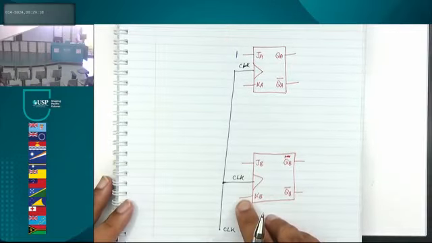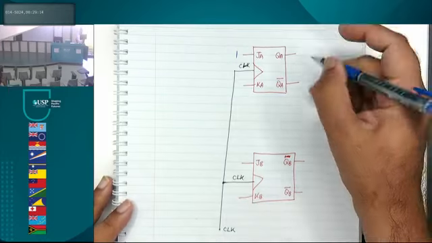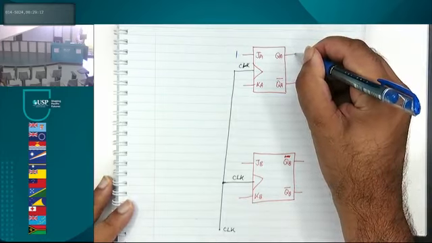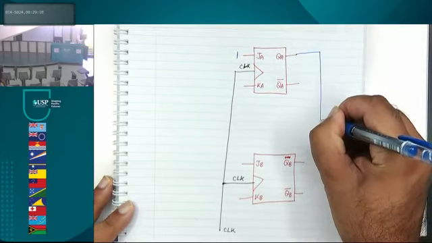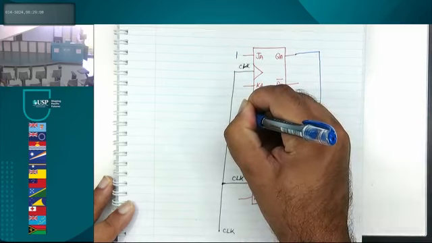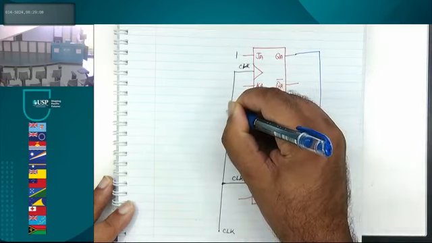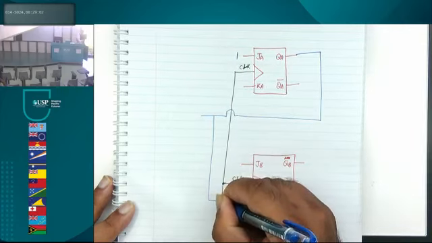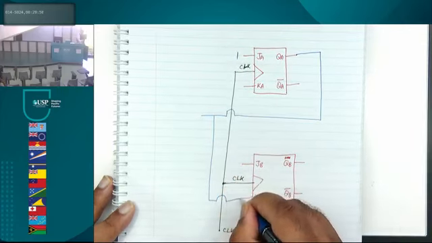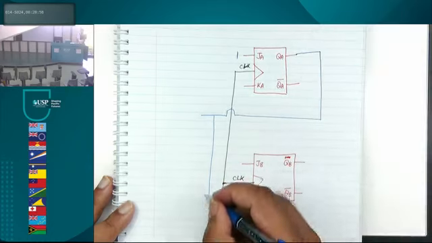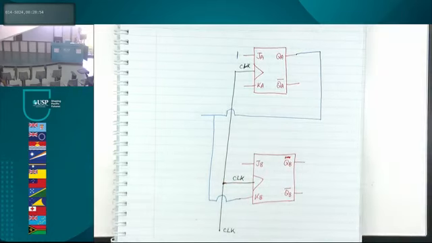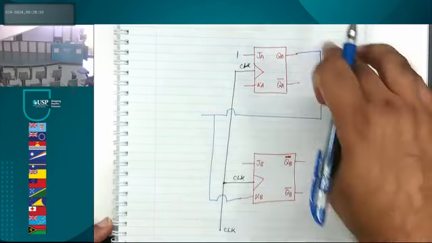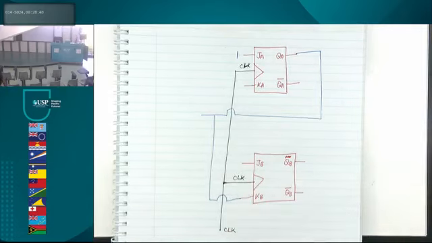So from here, can you see I've connected it that way? Everyone happy with that? KB is equal to QA. So I've taken care of two inputs.